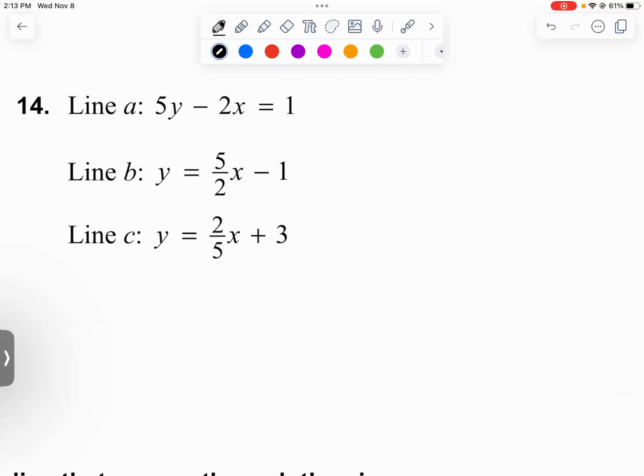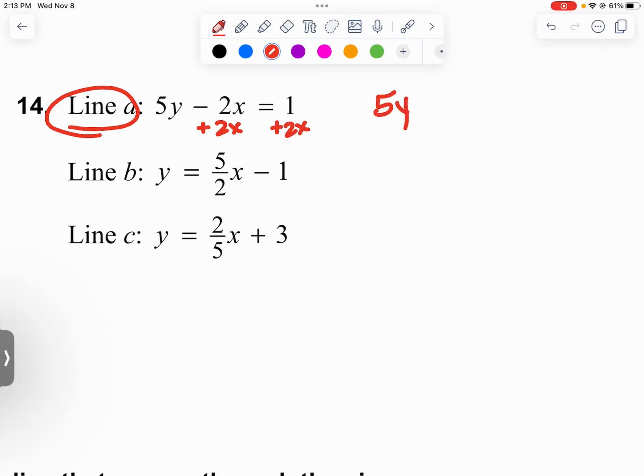Let's talk about 14. What do we need to do? Solve for y. Okay. So in order to solve for y for line A, we need to add 2x to both sides, right?